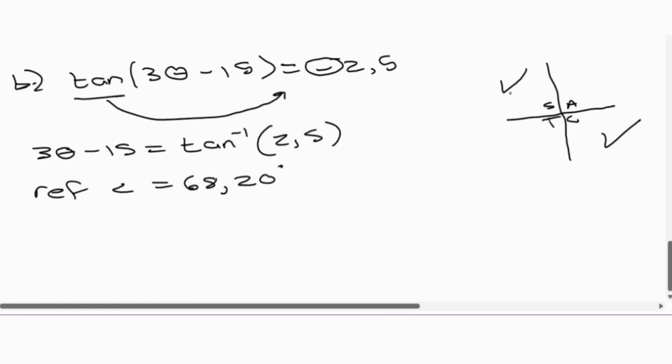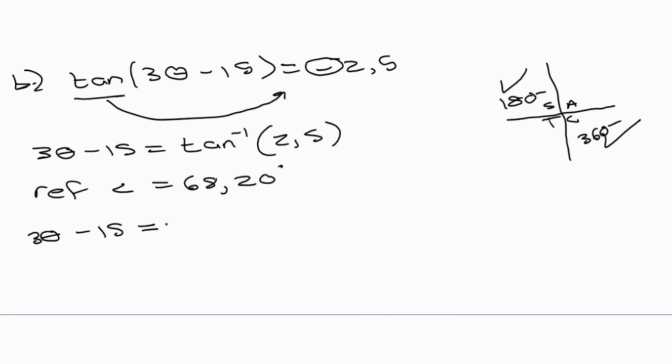Once again, we reduce our angles in the second quadrant by saying 180 minus whatever your angle is, and then we reduce using 360 minus in the fourth quadrant. So we're going to say 3 theta minus 15 is equal to 180 minus 68.20. And this is a tan graph.